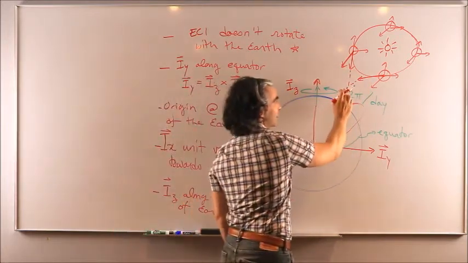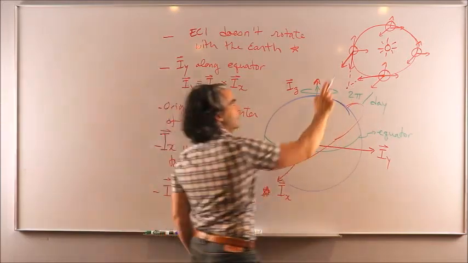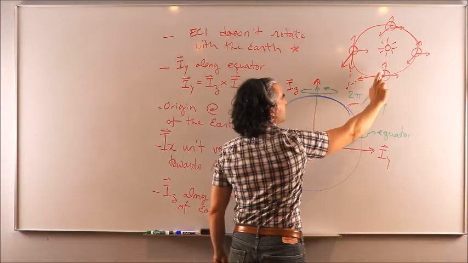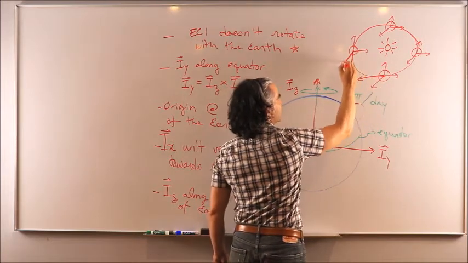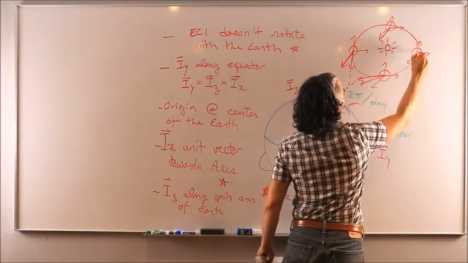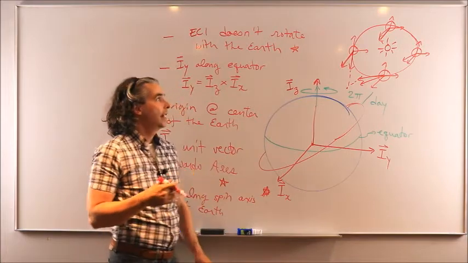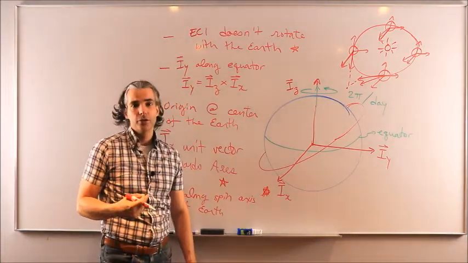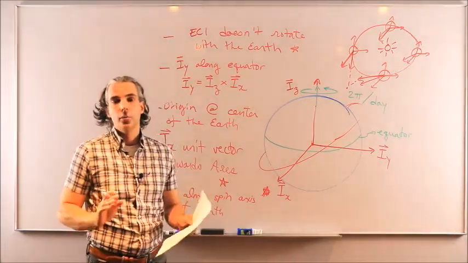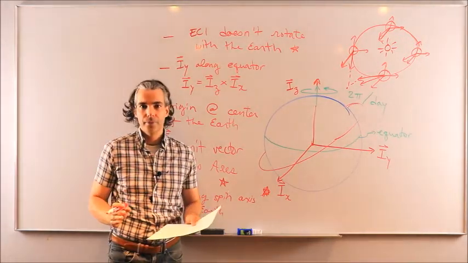But because this star is so far away, that motion of ECI with respect to the Earth to ensure that the Ix unit vector always points at that star is very minimal. So although ECI is not a truly inertial reference frame, for all practical purposes, we will nevertheless consider that it is an inertial reference frame, okay?